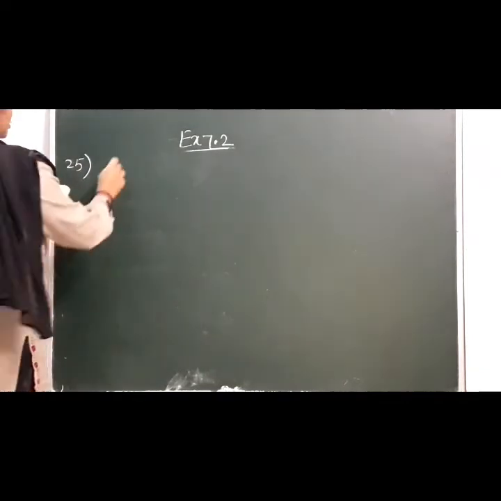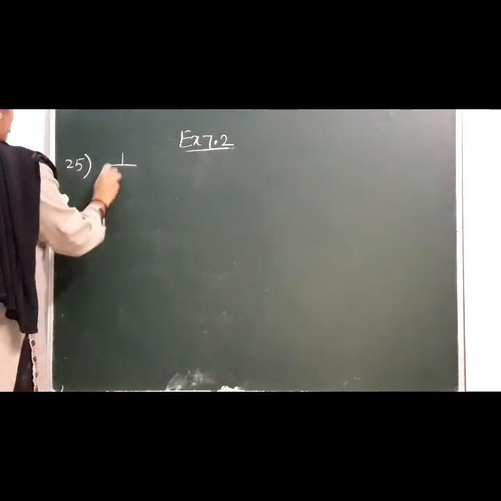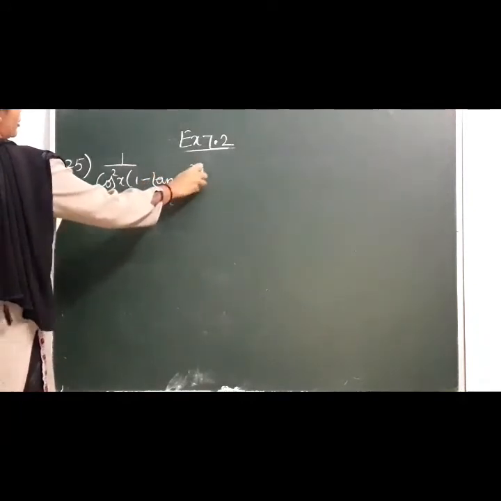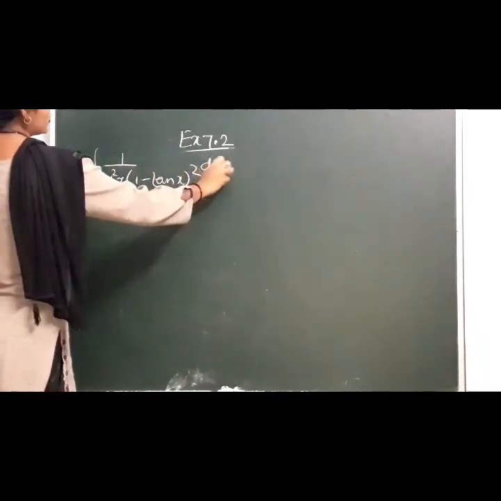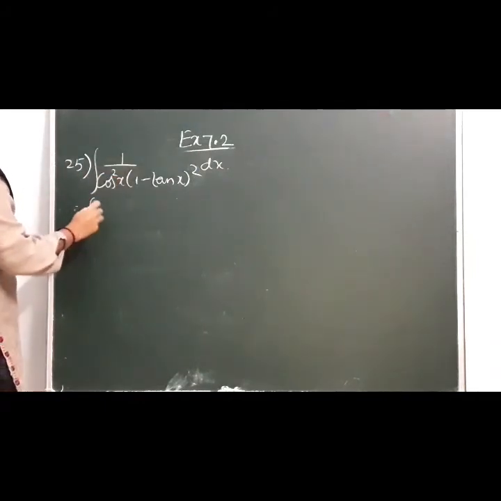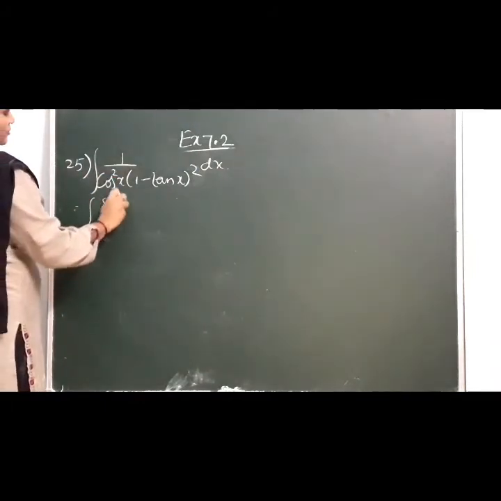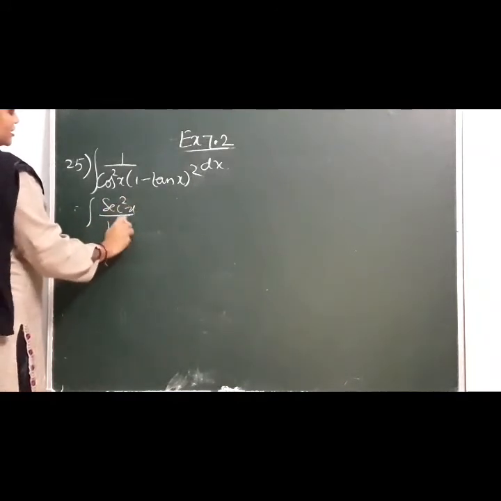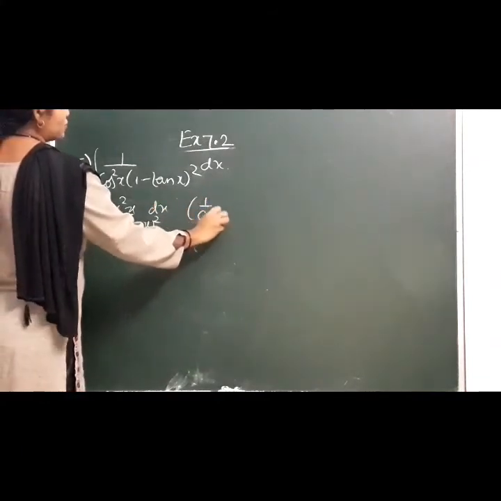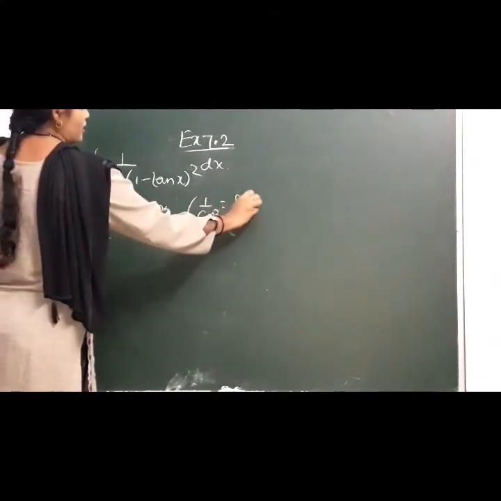So what is this? 1 by cos square x into (1 minus tan x) whole square dx. This is the function. So 1 by cos square x means secant square x. The question can be written like this: secant square x upon (1 minus tan x) whole square dx. Why does secant square x come here? 1 by cos square x is equal to secant square x.